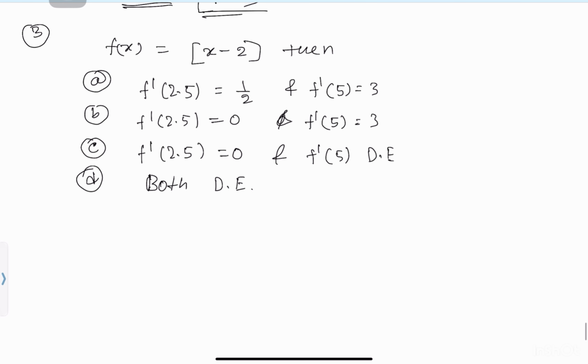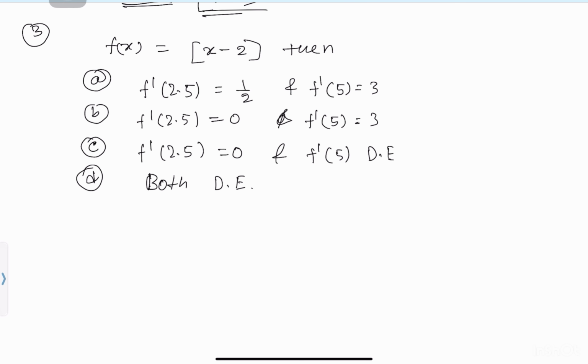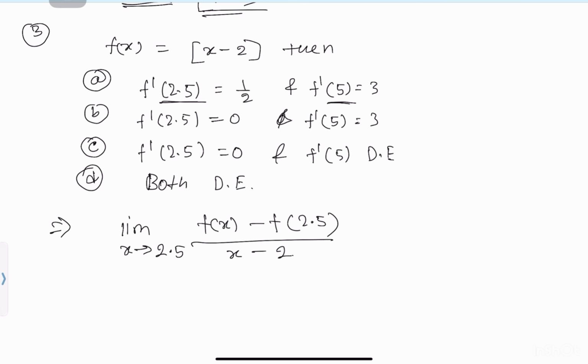Okay, so how to solve this problem? First of all, find the limit. I have to find it at two points, 2.5 and 5. So limit x tending to 2.5 of f of x minus f of 2.5 by x minus 2.5. Clear? I have to find this limit.